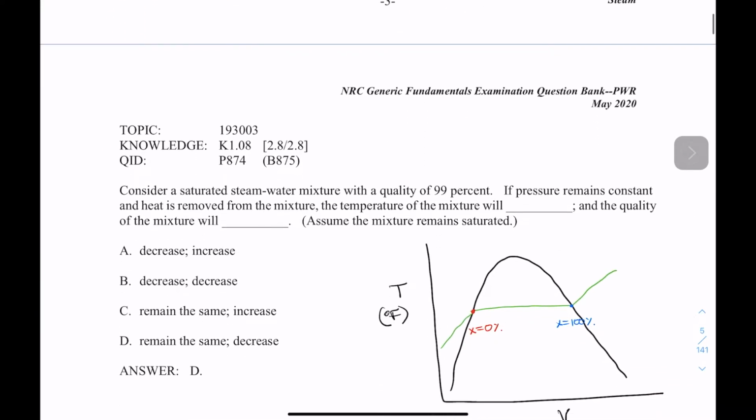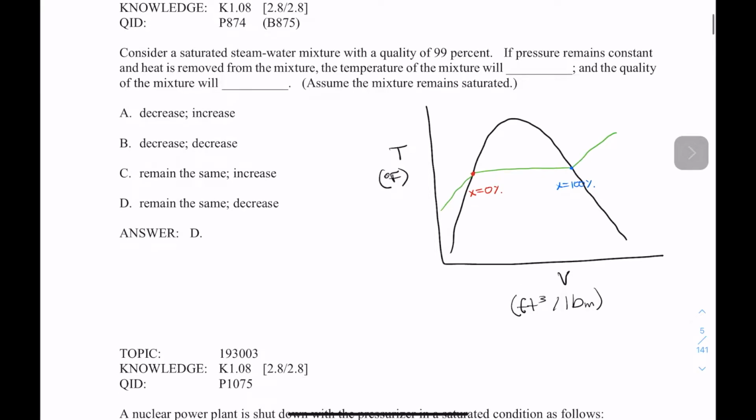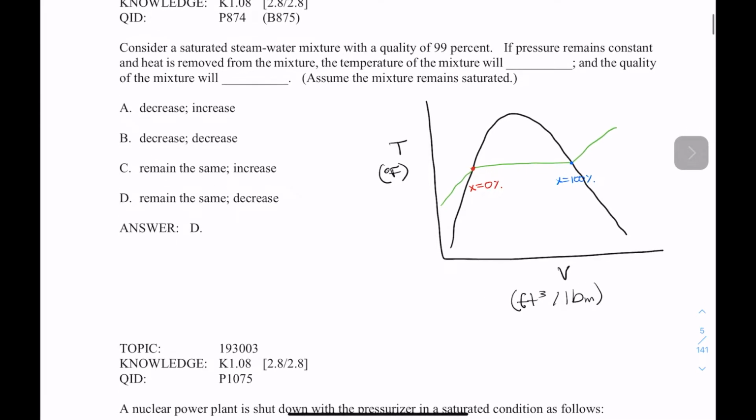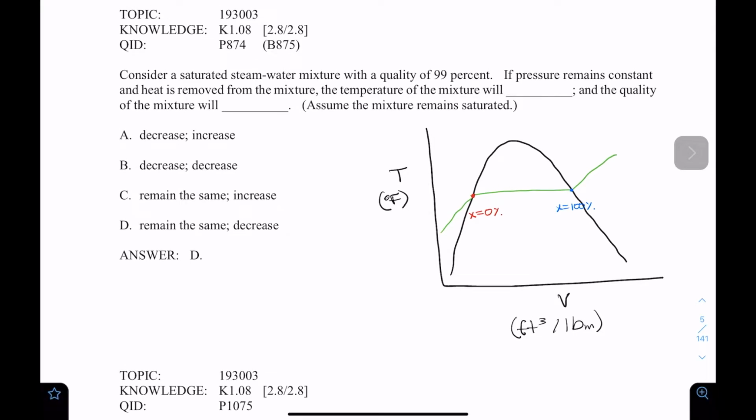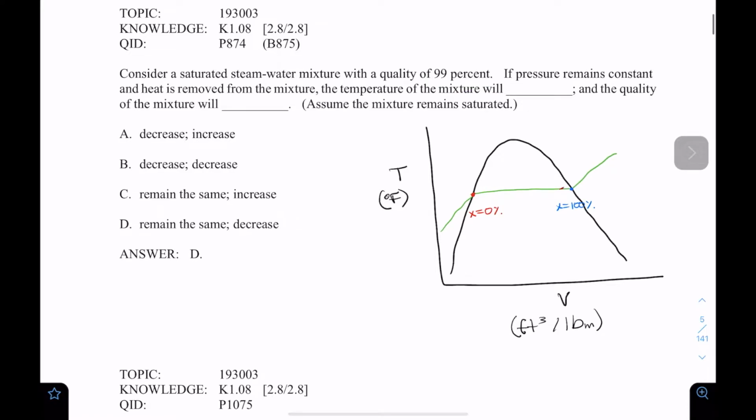Okay, next one is another TV diagram. This one is P874. Consider a saturated steam water mixture with a quality of 99%. So it's telling me that I have a quality of 99%, so I'm here.